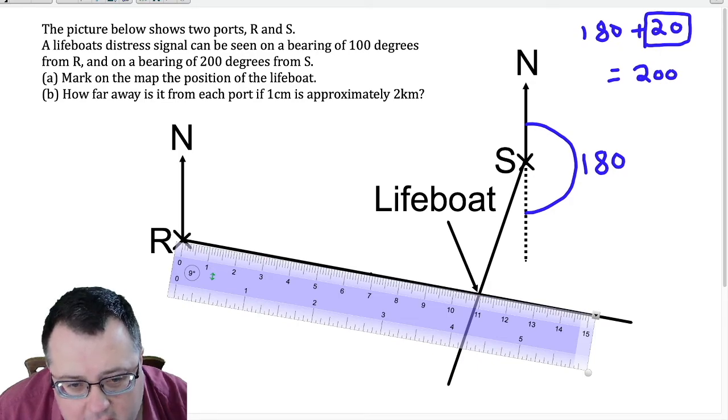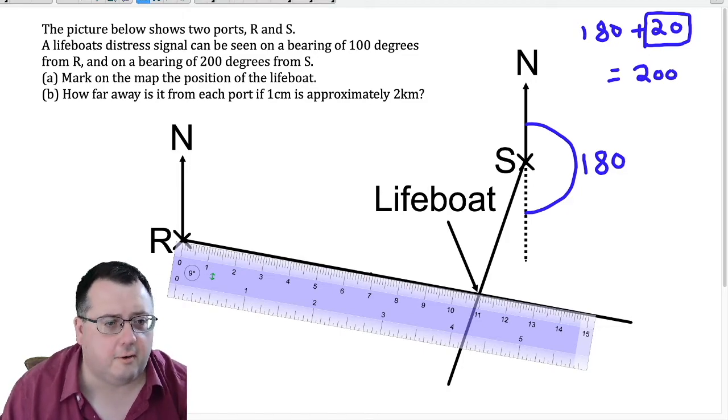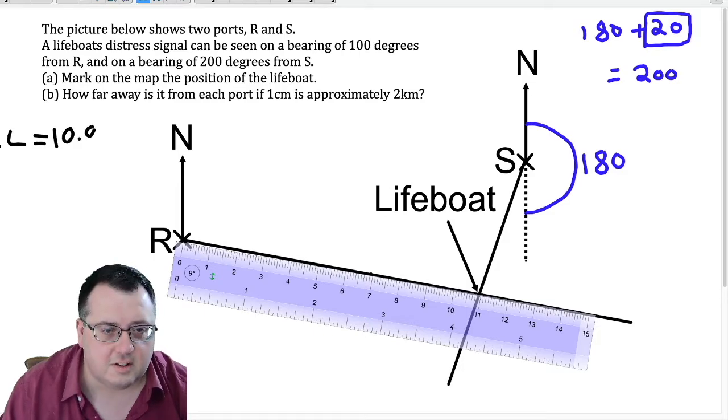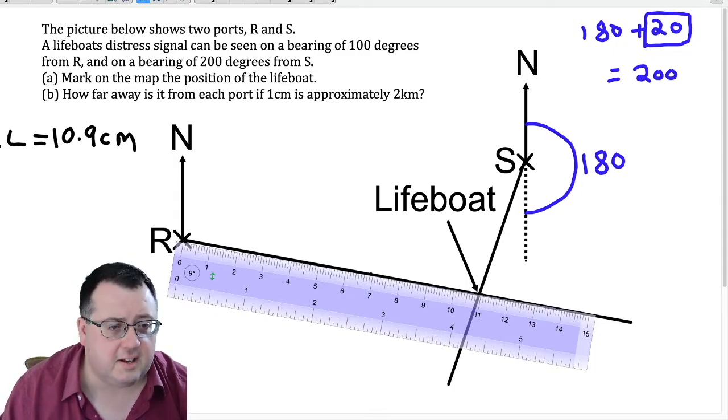Now, the distance RL, if I look very carefully there, and I will write this in, RL equals 10.9 cm, L being the lifeboat, and now we need to look at SL.